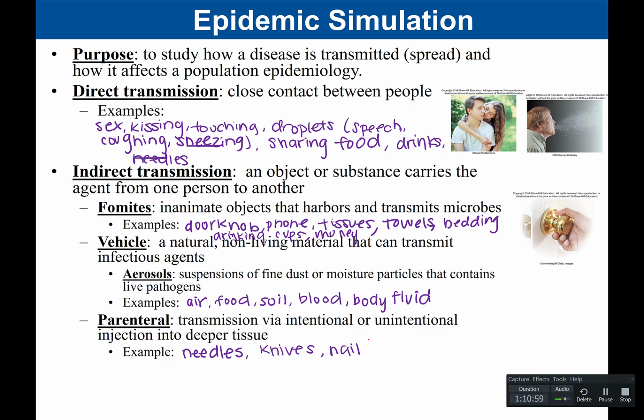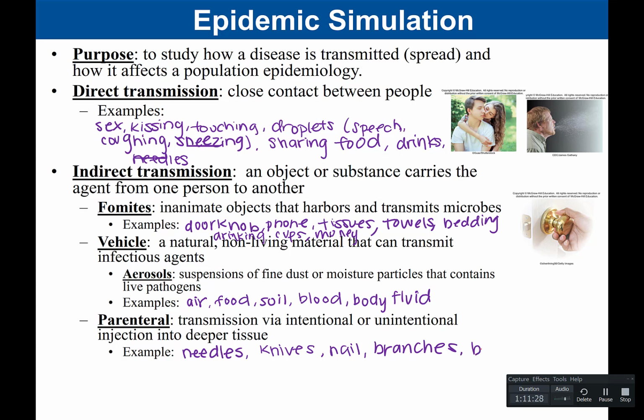We can have branches. So there's a type of fungus that can be found on the thorns of roses. And if you happen to prick yourself with that thorn of the rose and that fungus gets into the wound, it causes something called rose gardener's disease, and it causes an infection where it penetrated the skin.